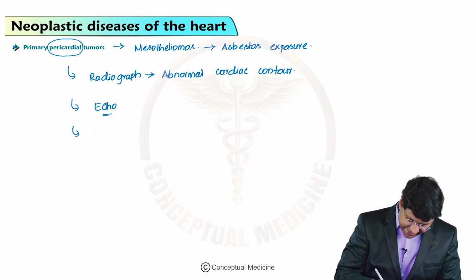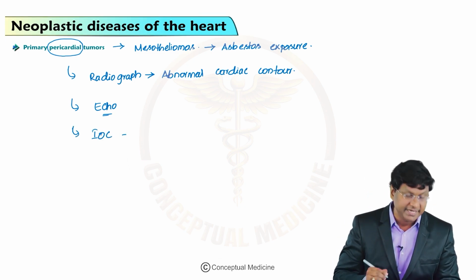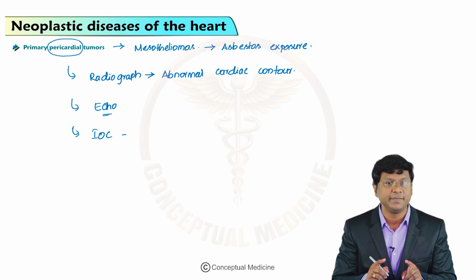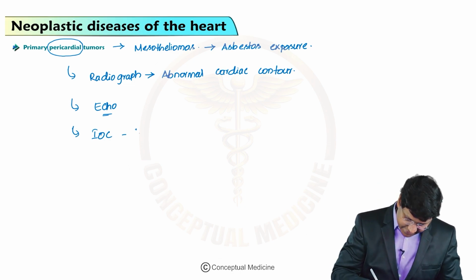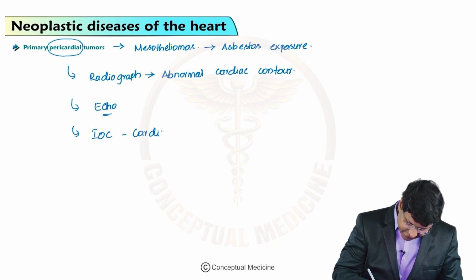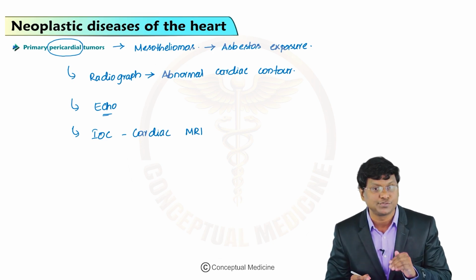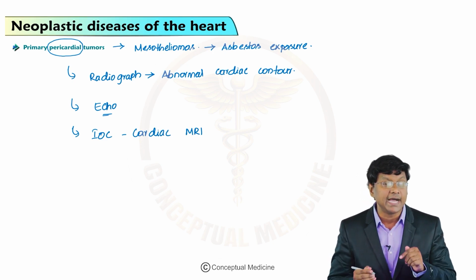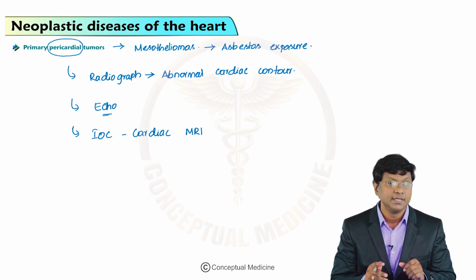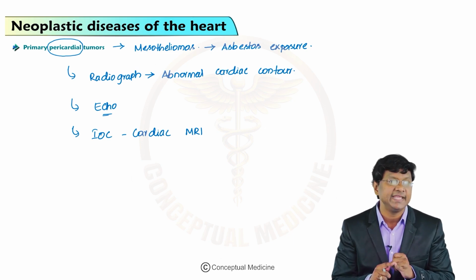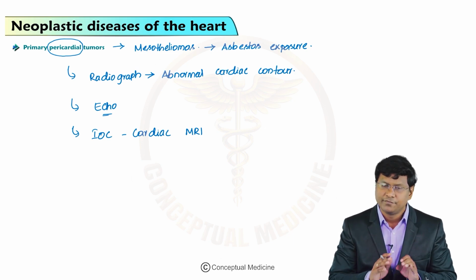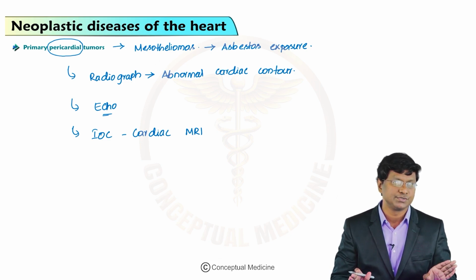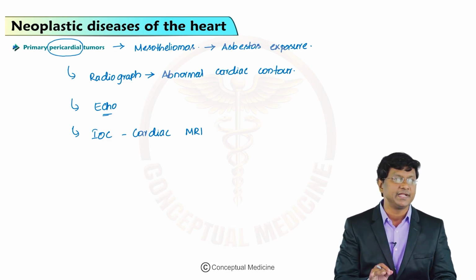What is the investigation of choice for primary pericardial tumor? That will be the cardiac MRI, and along with it, gated CT imaging should be done for all cardiac tumors. So that is about pericardial tumors.